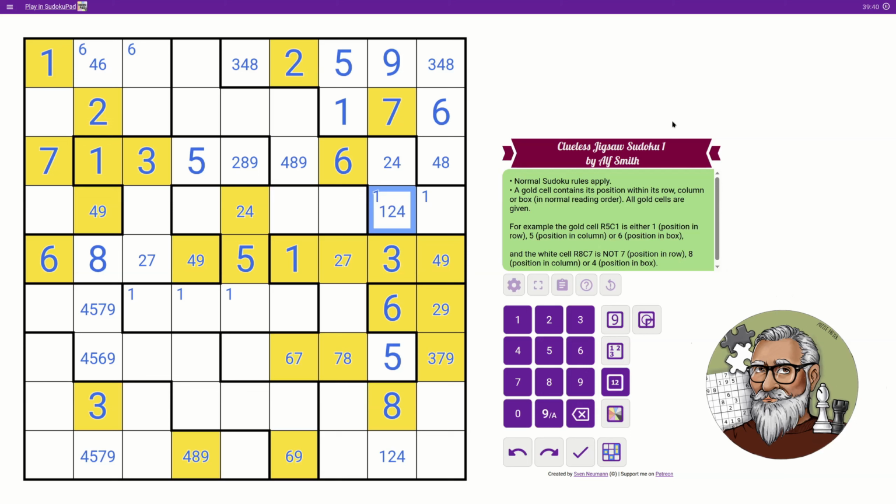That's 1, 2, 4. For what it's worth. Right, but I'm still missing a 7 here. It has to be in one of those two. Okay, but that's doable.